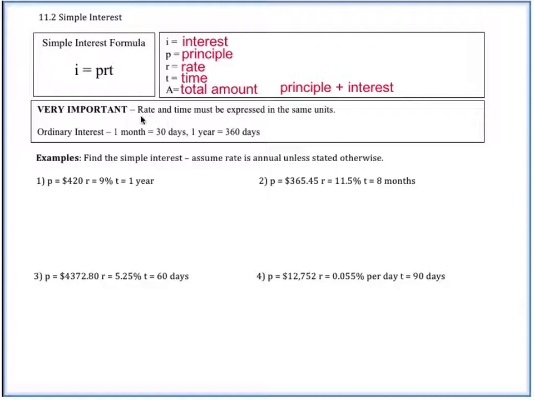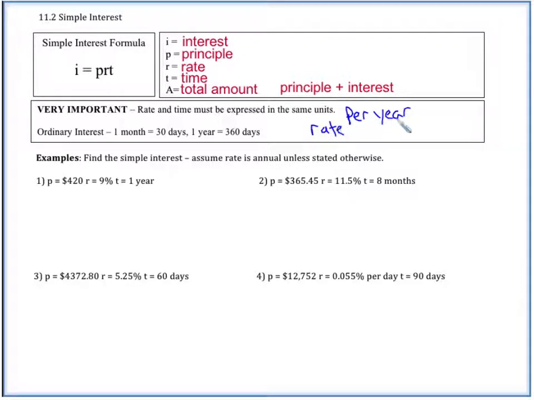Now, very important that rate and time must be expressed in the same units. And usually the time and the rate are going to be per year. So the rate's always given per year, so you're going to have to translate time into the number of years.